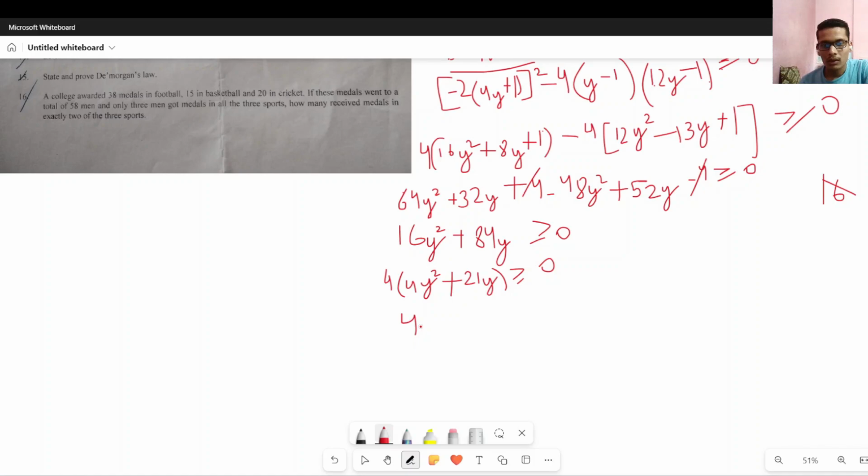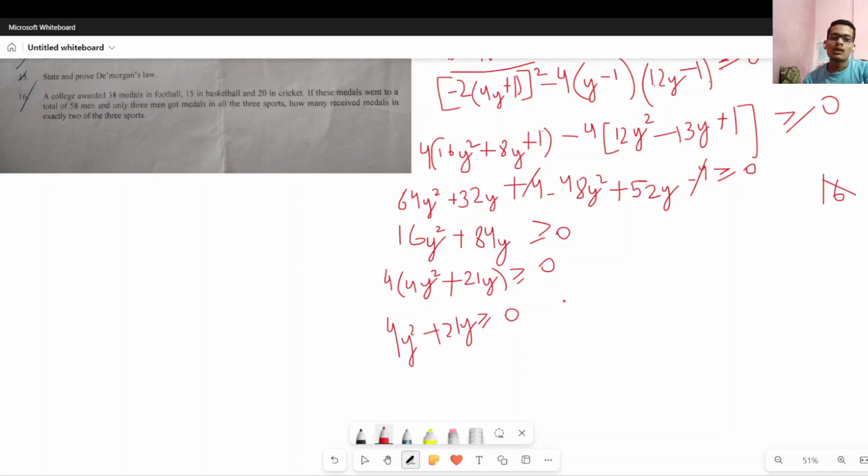So here y could also be taken as common. If we shift this 4 to the other side, it will become 0. We will be left with 4y square plus 21y greater than or equal to 0.